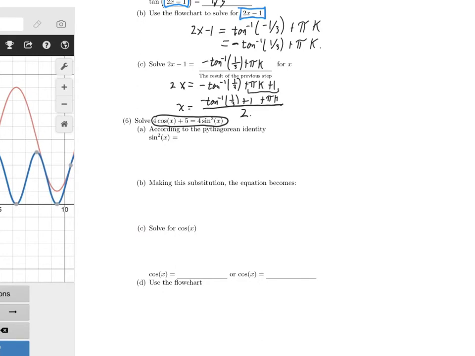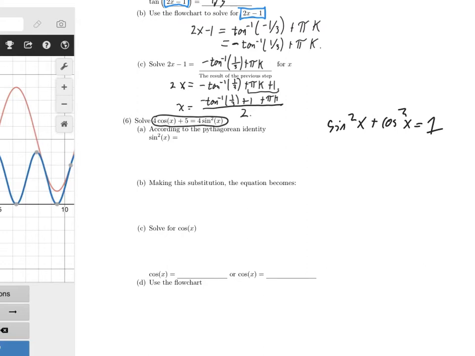All right, so step one is, we want to apply the techniques we've developed so far. But those techniques only work if you only have a single trig function floating around. But I see two trig functions floating around. I see a cosine and I see a sine. Oh, but notice, I can express sine squared in terms of cosine, right? I know that sine squared of x plus cosine squared of x is always equal to 1.